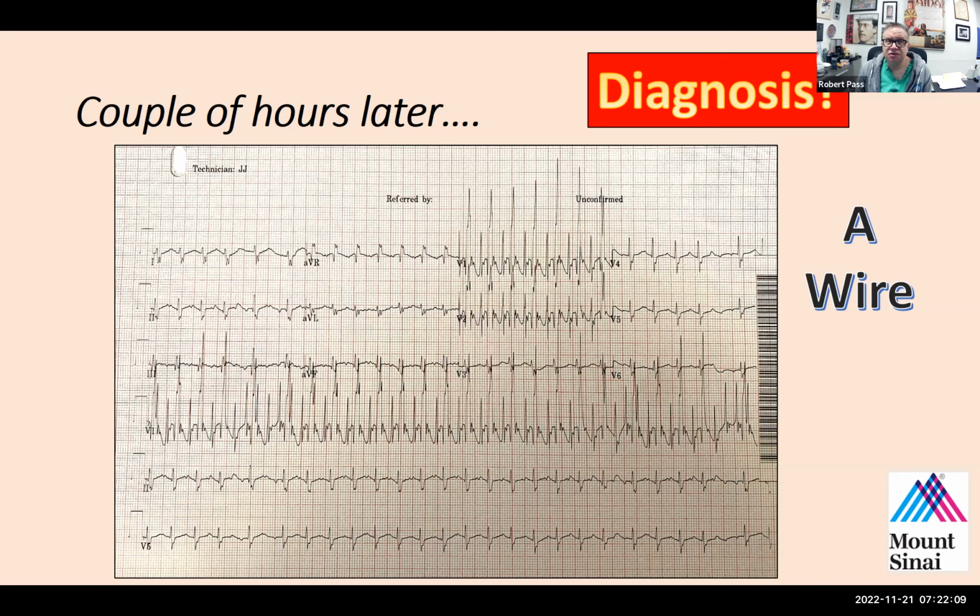I was first of all concerned that it wouldn't work when you have to pace that fast. I was also concerned that if it did capture, we might induce AFib, and that might actually be even more unstable than this rhythm, because then I don't know what the ventricular response rate is going to be. So we elected to electrically cardiovert on the theory that that would be a more reliable result.